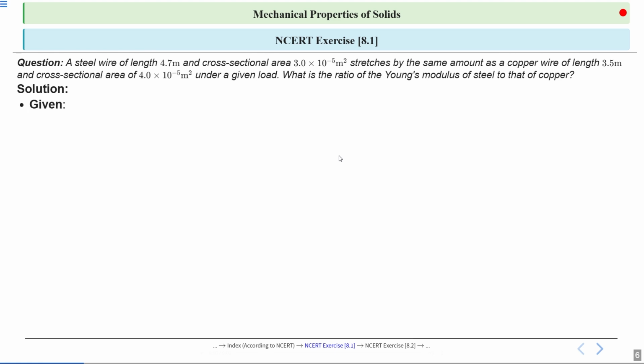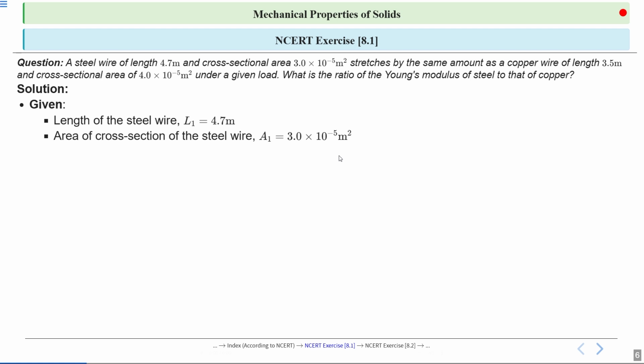So let's start by listing all the information given in the problem. First, the length of the steel wire is given as 4.7 meters. Area of cross section is 3.0 into 10 raised to the power minus 5 meter square. Length of the copper wire is 3.5 meters.